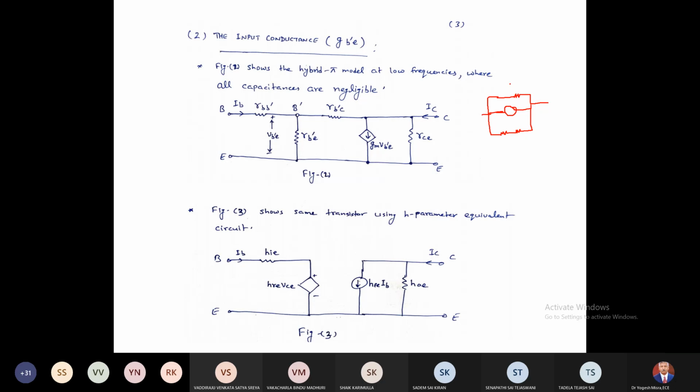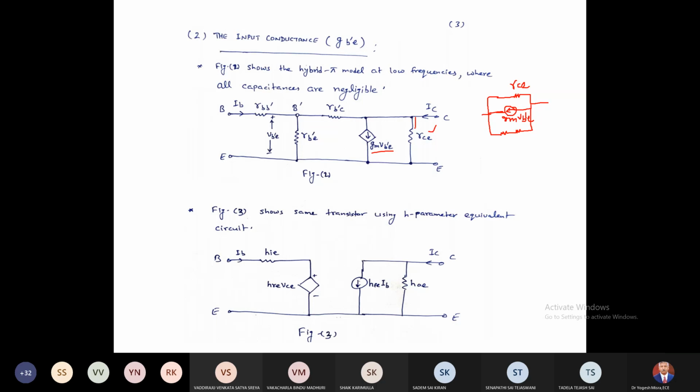See, this is your RCE, this resistor, and here this is a current source. This I have drawn like this. This is your gm VB'E, and see this IC current is coming, and it is divided in 3 parts.